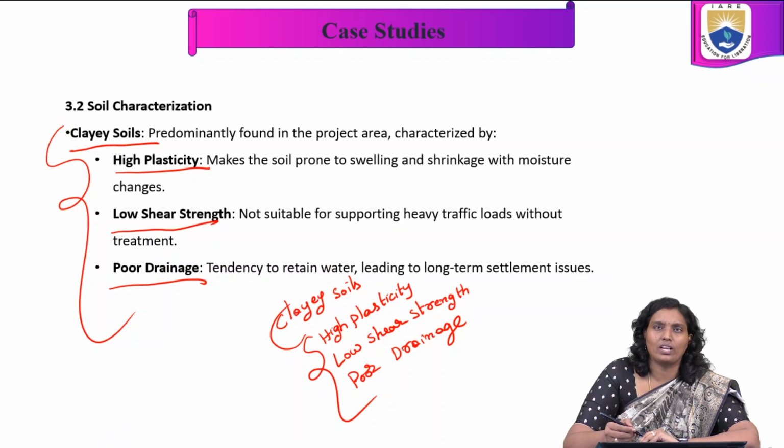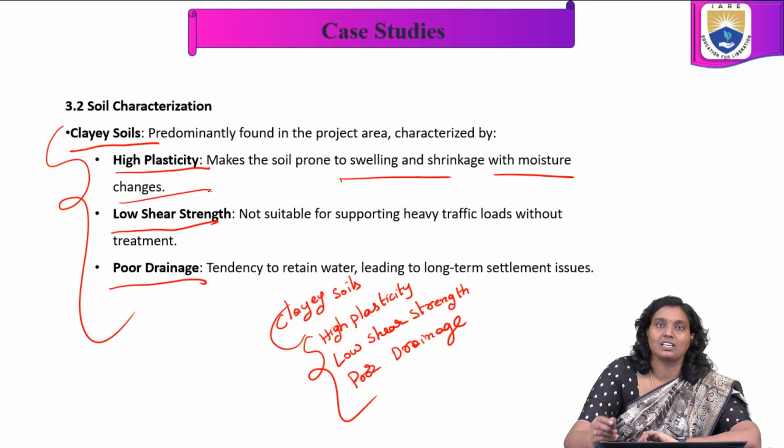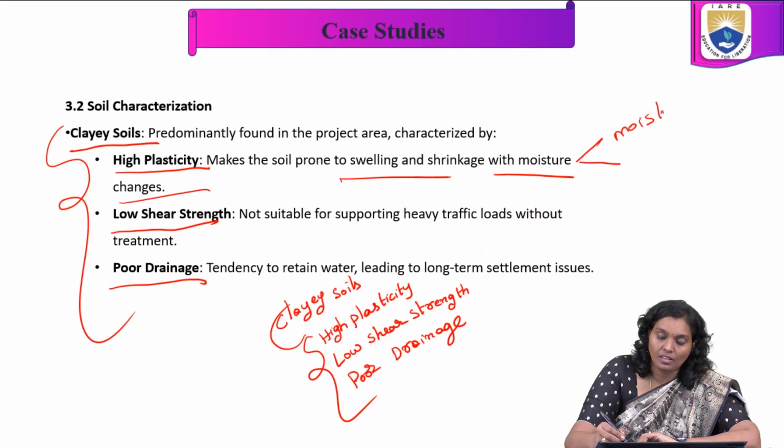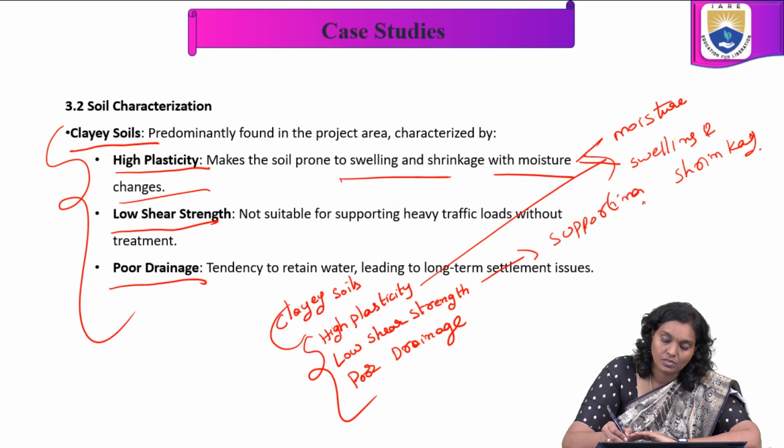Clayey soils in the project area have high plasticity, which makes the soil prone to swelling and shrinkage with moisture changes. Low shear strength means that, because of the heavy traffic load, the soil is not supportive; it cannot support heavy loads.